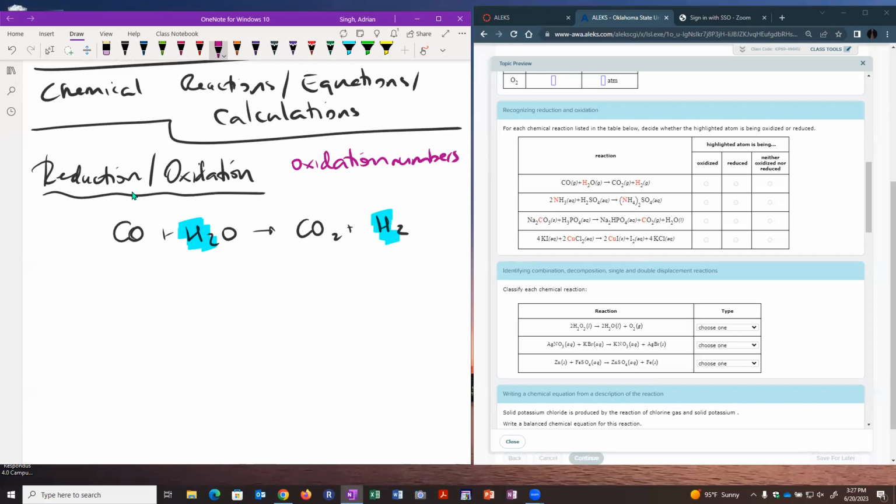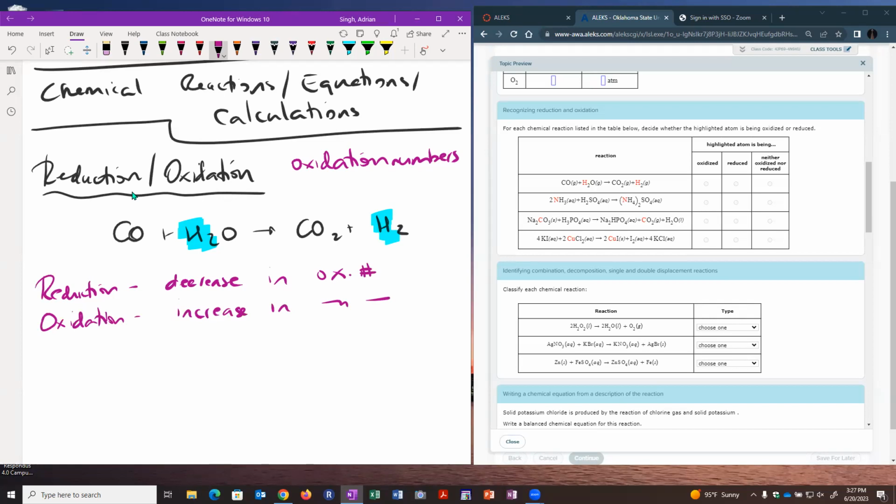If something is undergoing reduction, that would mean a decrease in the oxidation number. And if something is undergoing oxidation, then that's the opposite. That would be an increase in the oxidation number. So what is the oxidation number? How can we identify what it is?